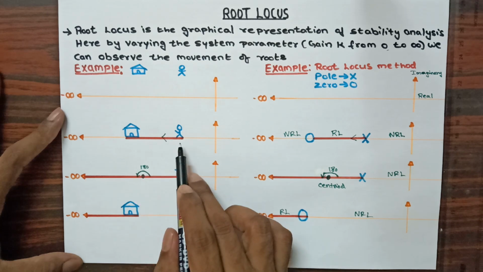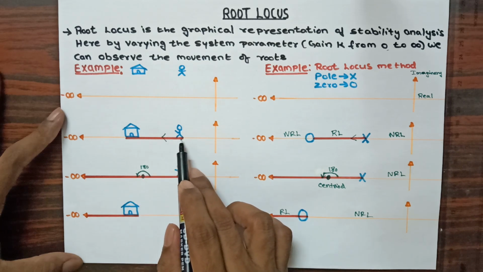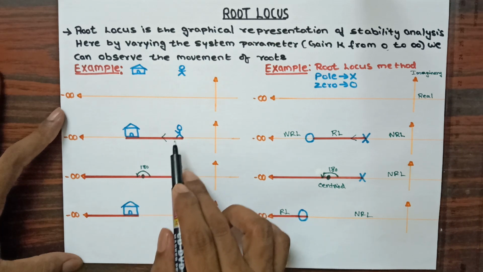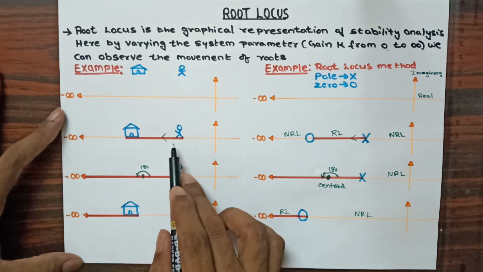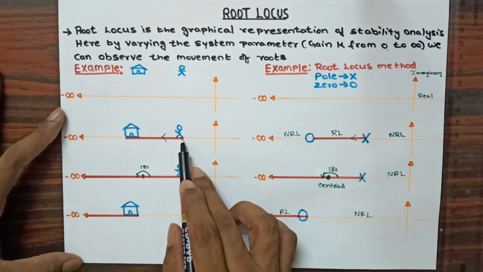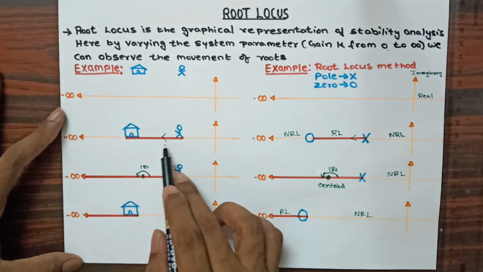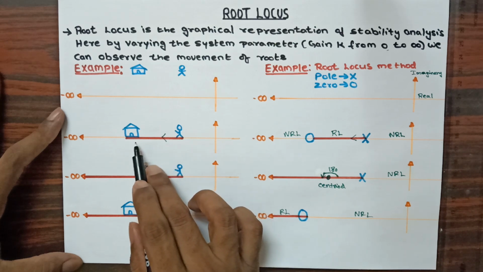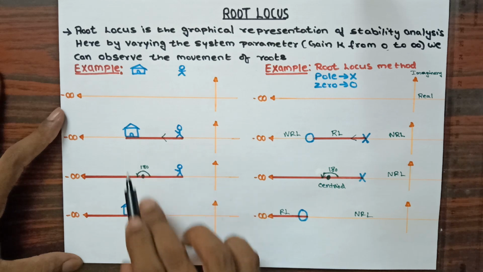So I provided the path only for the odd count, from this point to this point. Now the condition for this person is to move only in this given path. He can move only from this point to this point, that is in the given path. When I apply the input to this person, he will start to move in this direction and end at this destination.